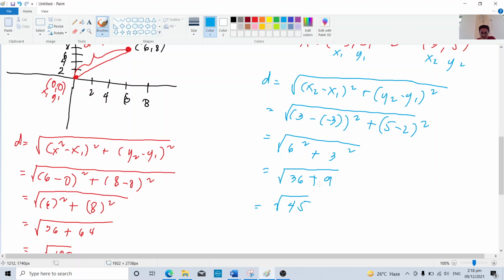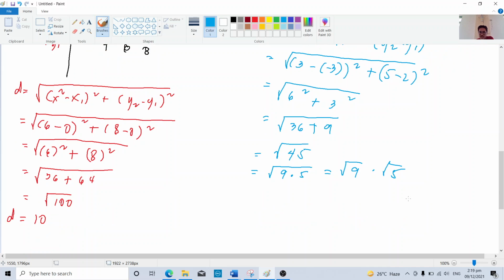Now, paano natin gagawing radicals yan? Kasi minsan sa ibang book, radicals yung pinapakuha na expression. Hindi siya nakadecimal. Mag-isip lang kayo ng number na kapag minultiply natin sa loob ng square root is 45. Diba? We have 9 times 5. Pwede natin i-separate ito: square root of 9 times square root of 5.